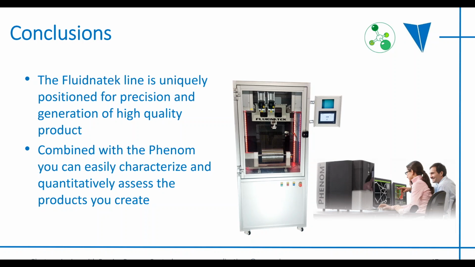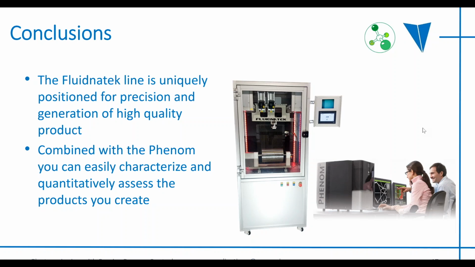So in conclusion, effectively, the Fluid-in-the-Tech line is basically uniquely suited for precision generation of high quality product. It is basically the only commercially available electrospinning apparatus that has extremely precise humidity and temperature control, which is critically important for particularly any sort of production type project where you need very uniform product, and it needs to be uniform a week from now as well.